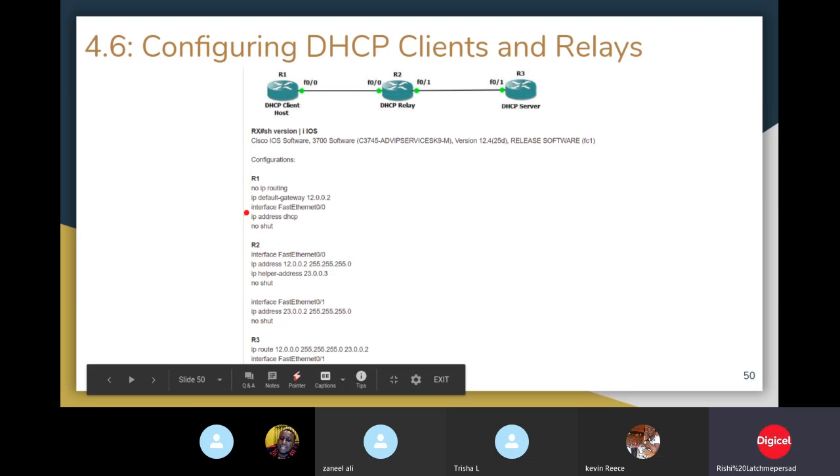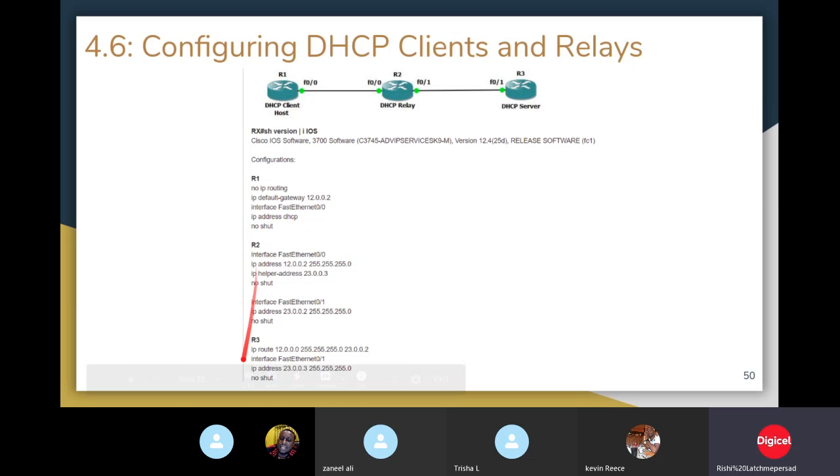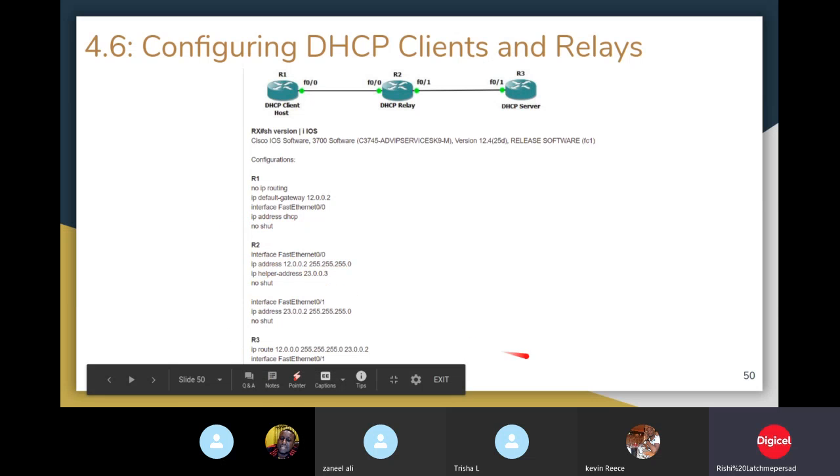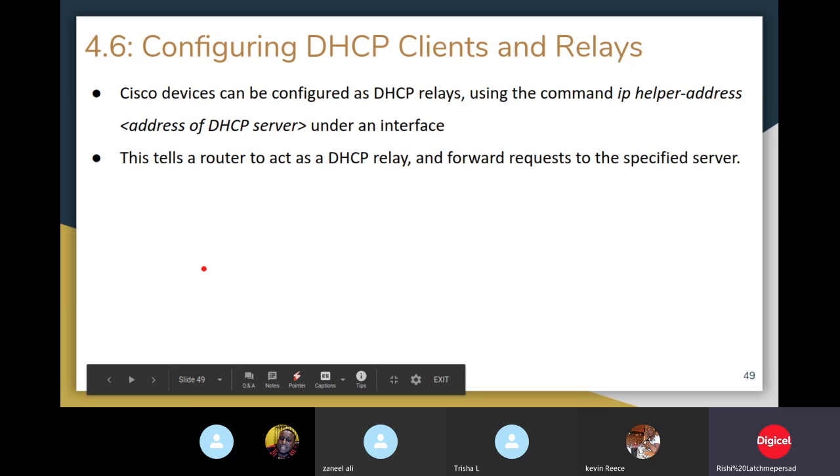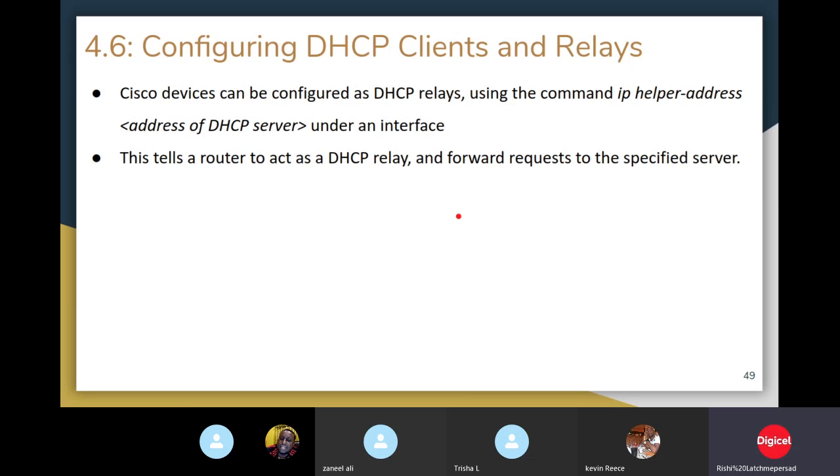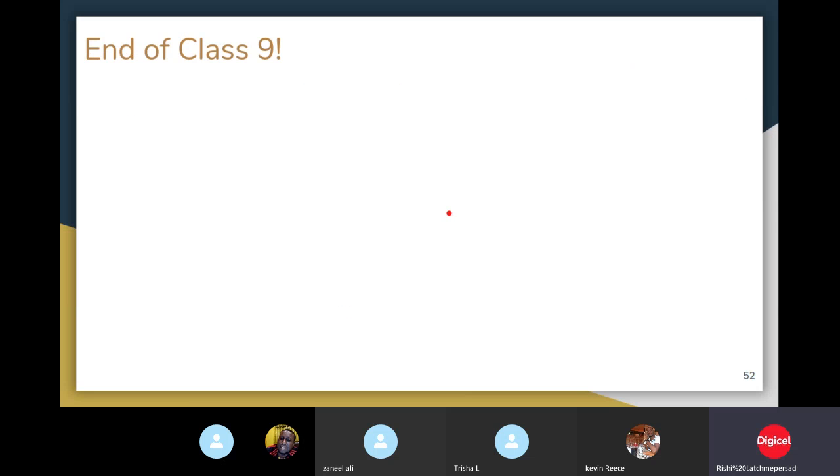This is the command. So we went through the ip address dhcp command, and then the ip helper-address command, and then did we go through DHCP server setup? Yes, we went through DHCP server setup in one of the labs. Actually, in the wireless lab, we went through some DHCP setup. But yep, that's it.